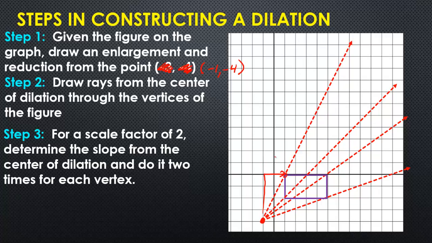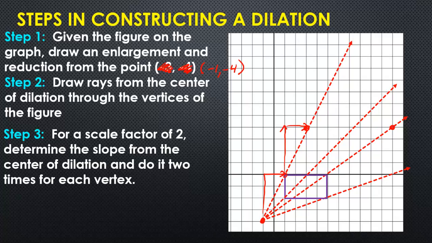So for an enlargement with a scale factor of 2, we just do it again. Up 4 over 2. That would be your other point. This one, you could go up 4, and then this would be over 6. So we would go up 4 over 6.